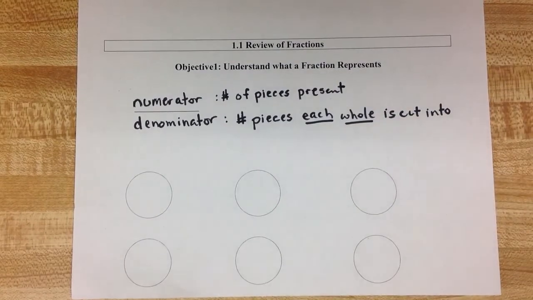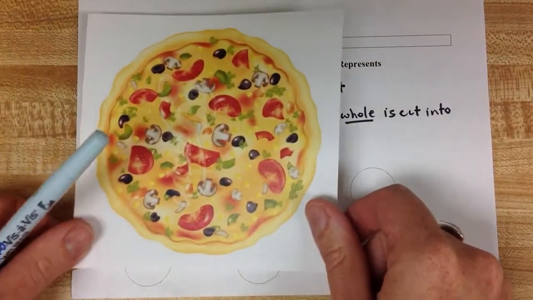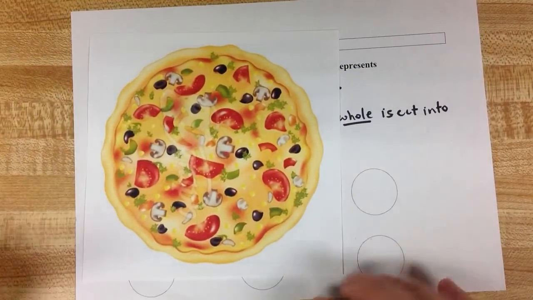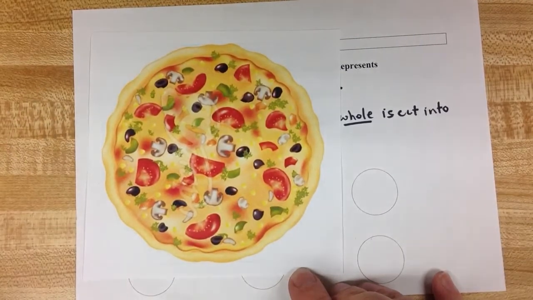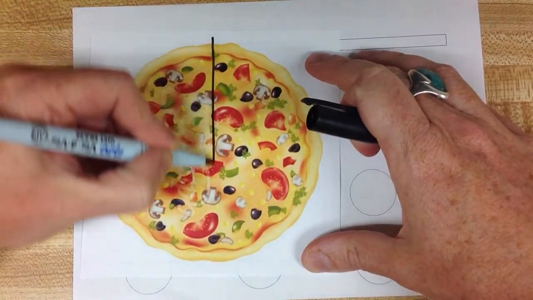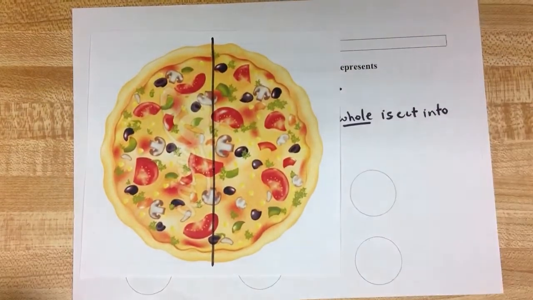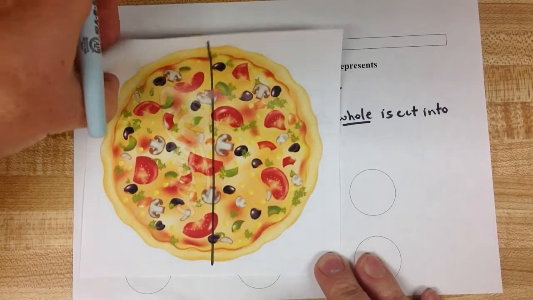So when I think about fractions, the first thing I think of is pizza. So if we look at a pizza and think about fractions in terms of pizza, right now we have a whole pizza. But if I take that pizza and I cut it in half, I still have a whole pizza, it's just been cut into two pieces.